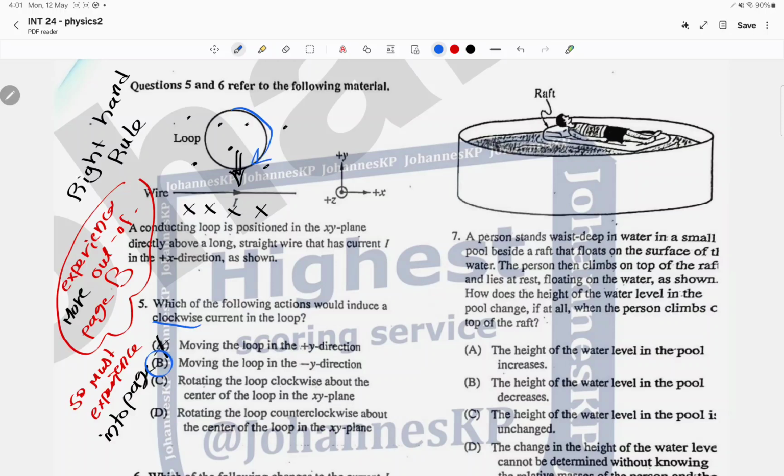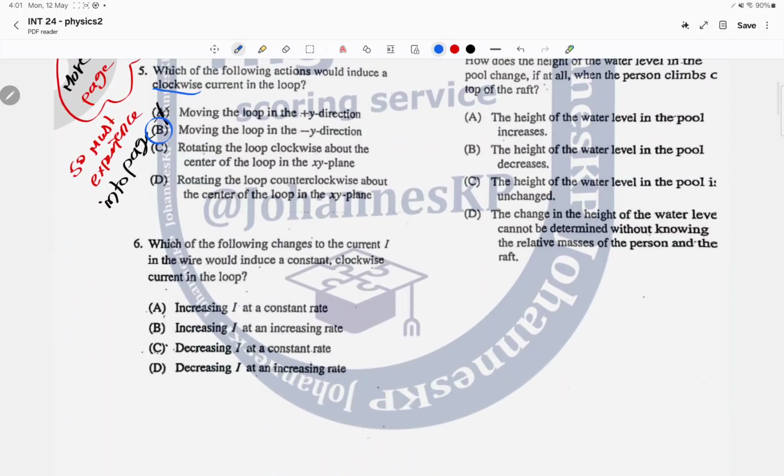Good. Question 6. Which of the following changes to the current in the wire would induce a constant clockwise current in that loop? Look, if you were to increase I, what would that do?